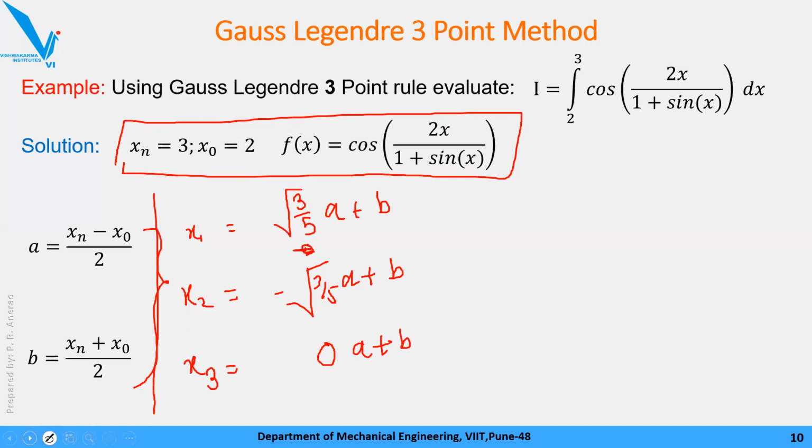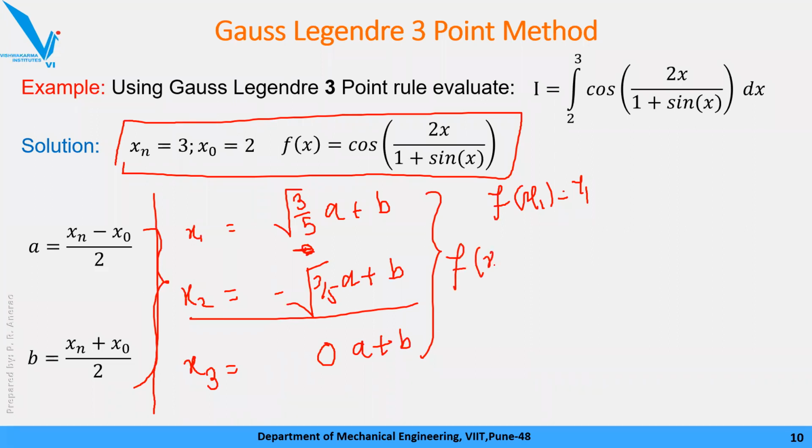Calculate these three. After that, using this x1, I'll calculate f of x1, which is y1. Then x2 we have, so put it back into the function, we get y2. Then put x3, f of x3, which is y3. Simple up to this part.